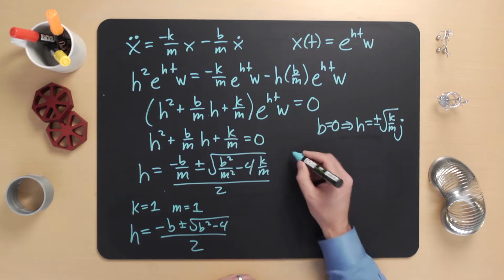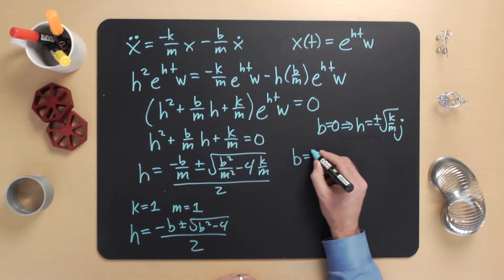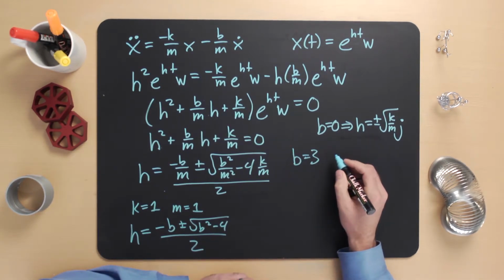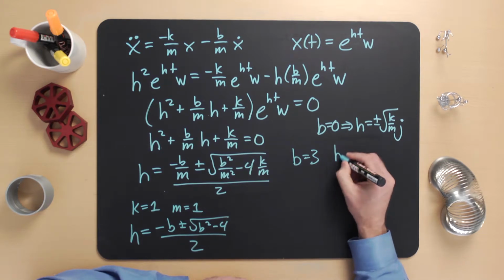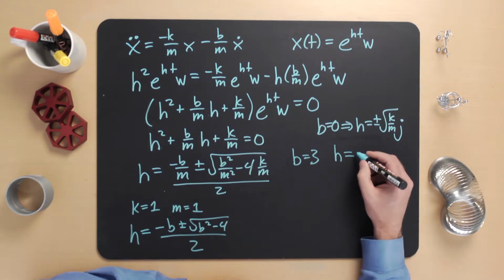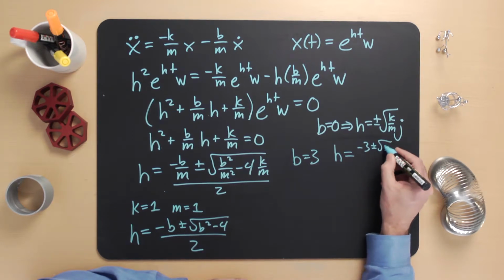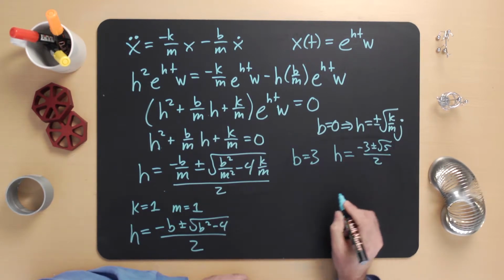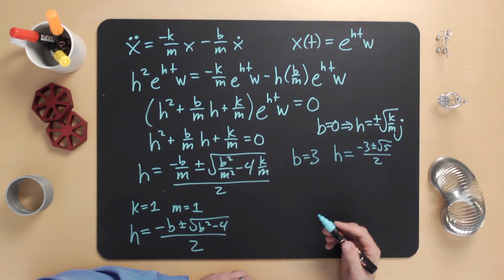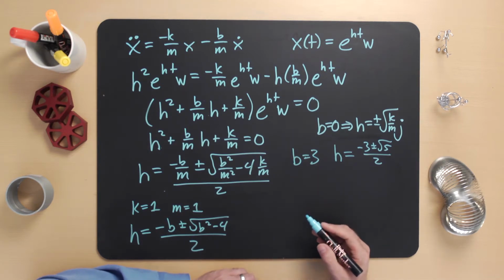For instance, if b is equal to 3, that implies that h is equal to minus 3 plus or minus the square root of 5, all over 2. And so I get two values, neither of which involve the imaginary number j.